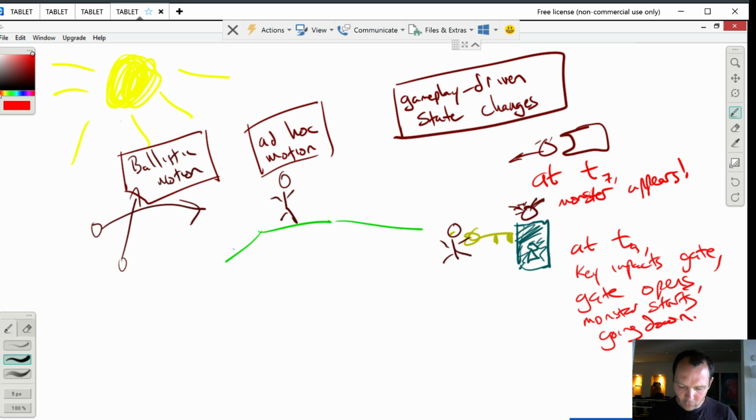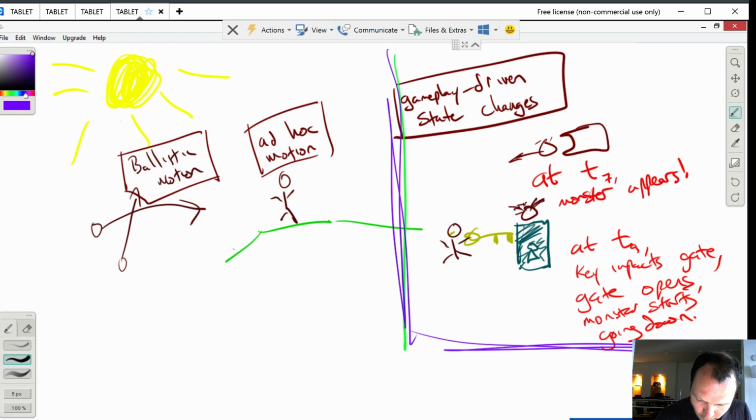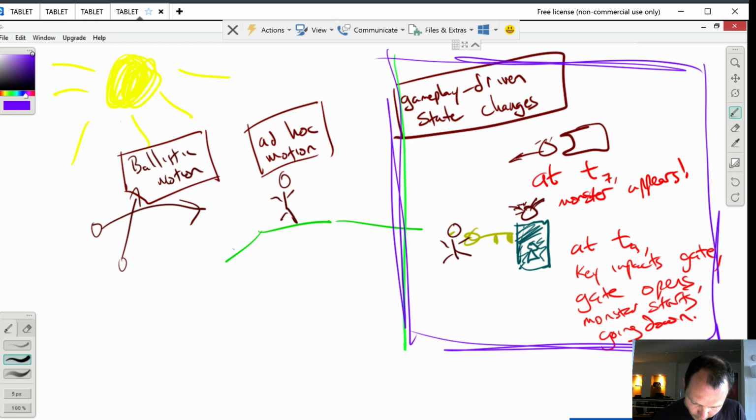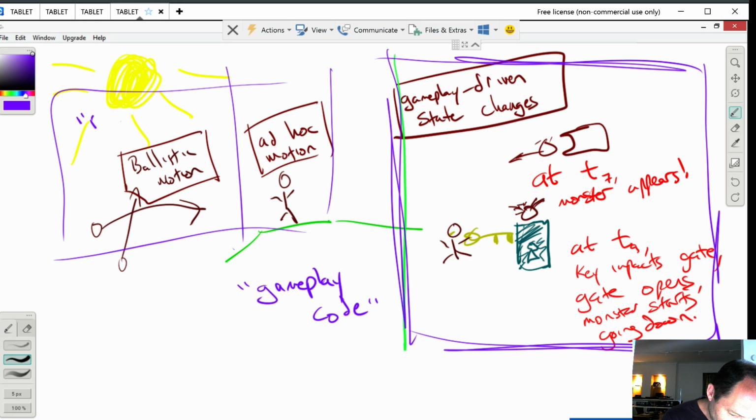So all this is just to say that this kind of thing, in purple, is all gameplay code, right? And this stuff over here is mostly engine code.